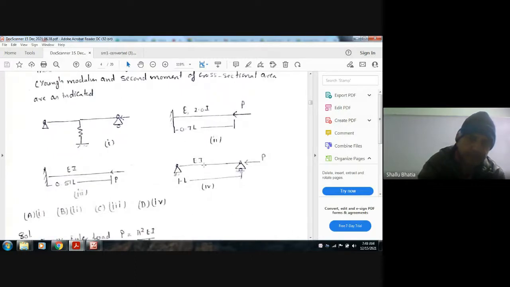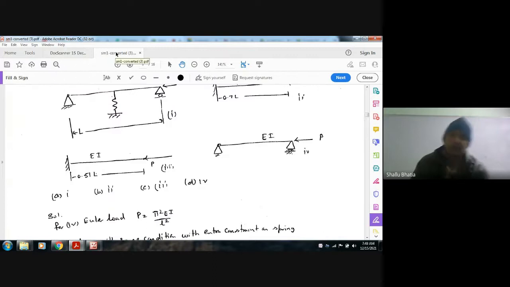Here the moment of inertia is I, and Young's modulus is E. So this is the case of pin jointed. For pin jointed, we know that the inverse buckling load is P equal to pi square EI by L square.